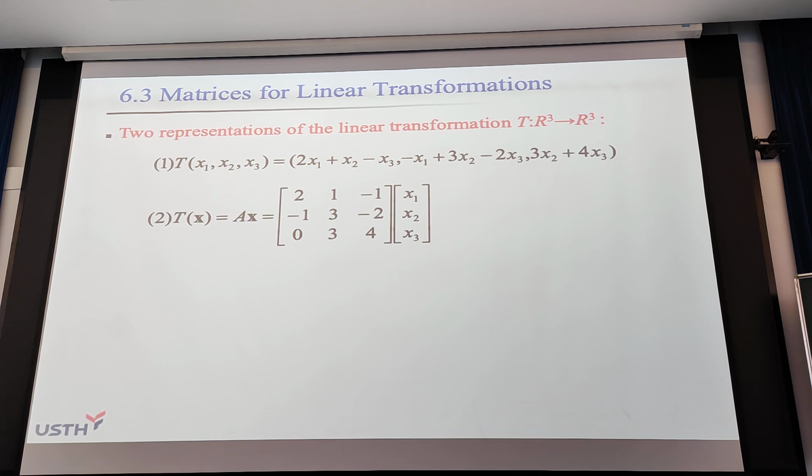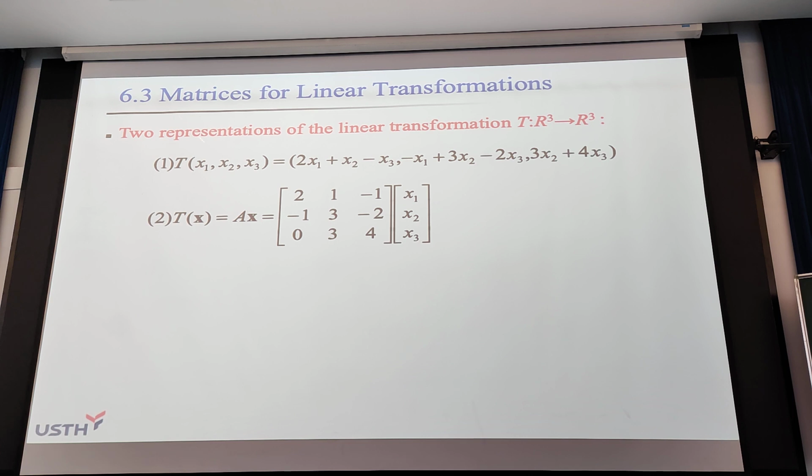Now we are going to come to the main point of lecture number 6. That is the matrix for a linear transformation. Suppose that we are given a linear transformation T from R3 into R3. T can be given in 2 different ways.